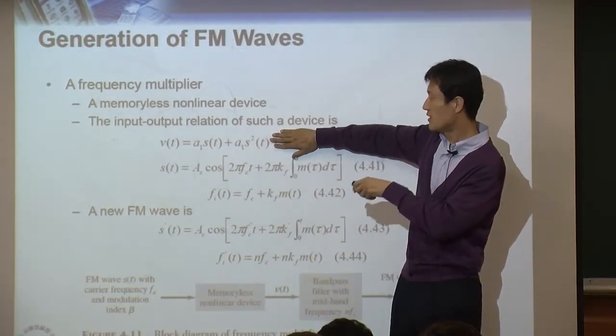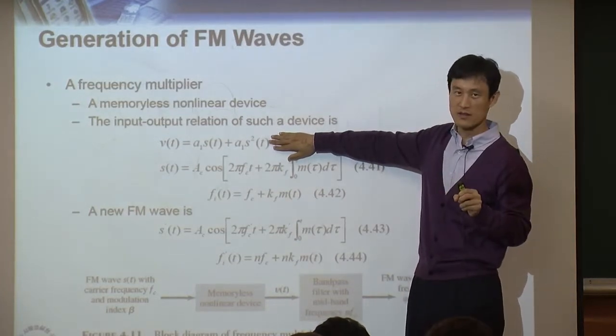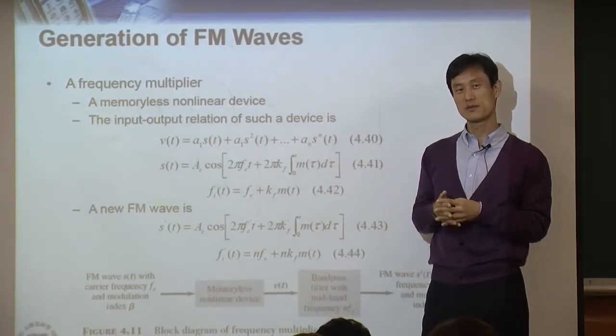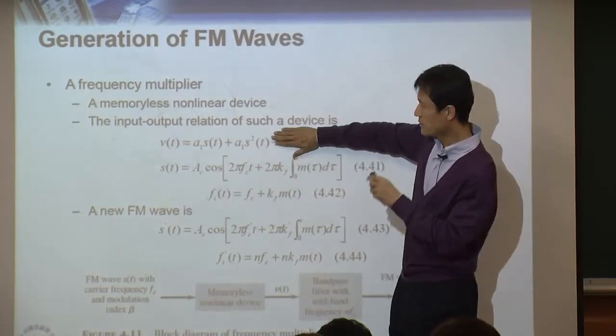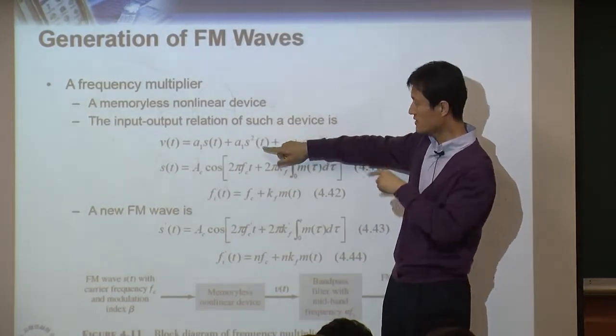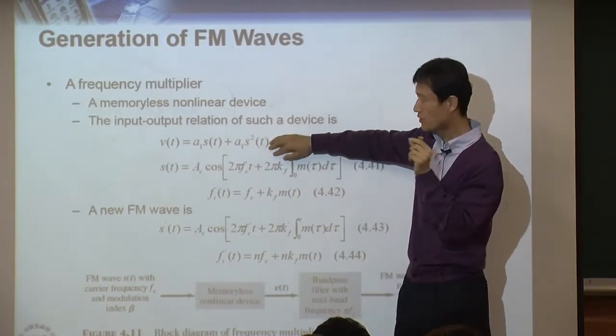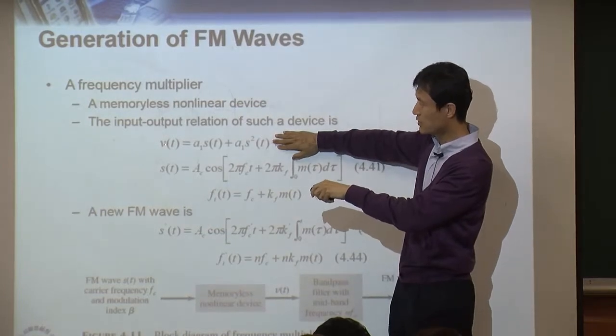Still nonlinear. So in this case, now let's use our input as a cosine. We always use a cosine as input, right? Some simple input. Let's put the cosine signal into this device. Input is s(t), but our input is a cosine. Let's put the cosine into this one and see what you get as output.